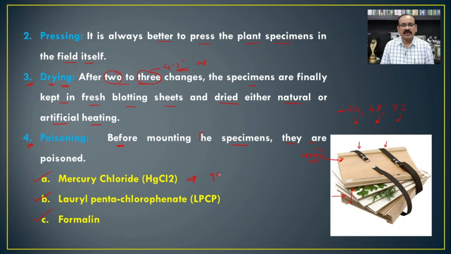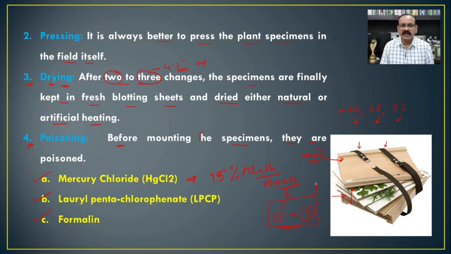First of all, the mercury chloride is dissolved in 90% alcohol to prepare the stock solution. Later on, after the formation of the stock solution, one part of the solution and 9 parts of alcohol are mixed, and then it is used as the poisoning solution.